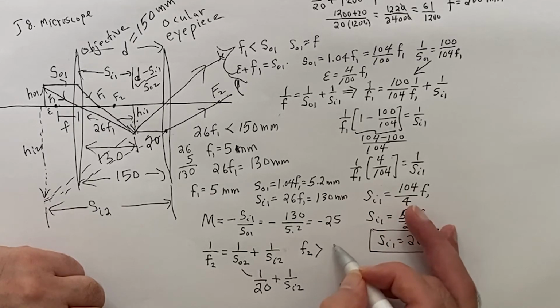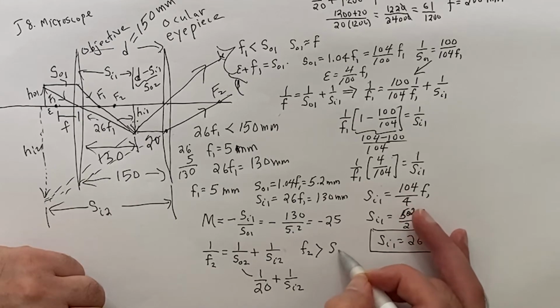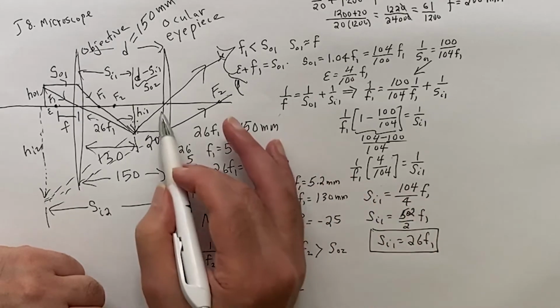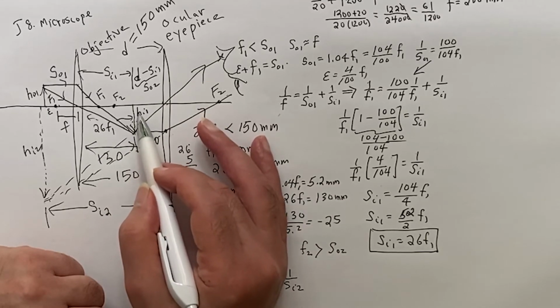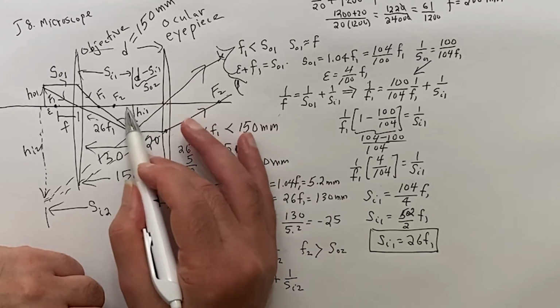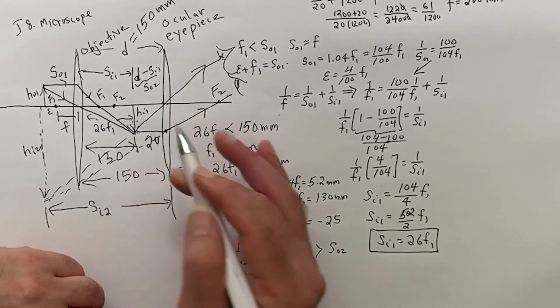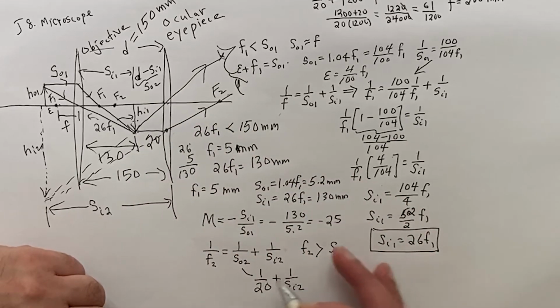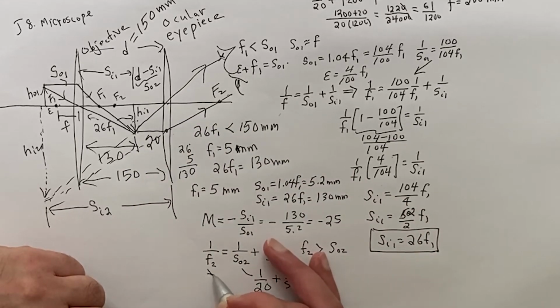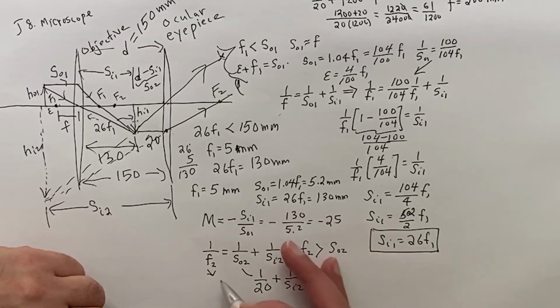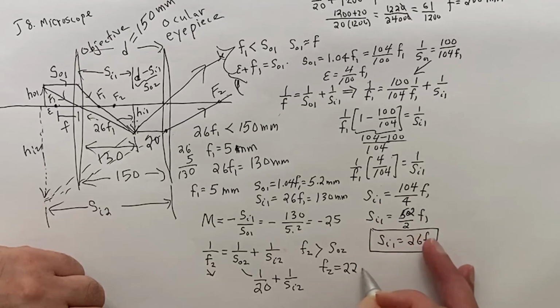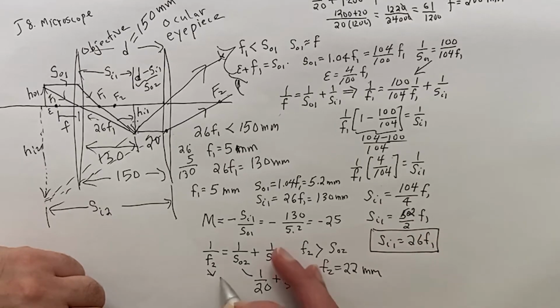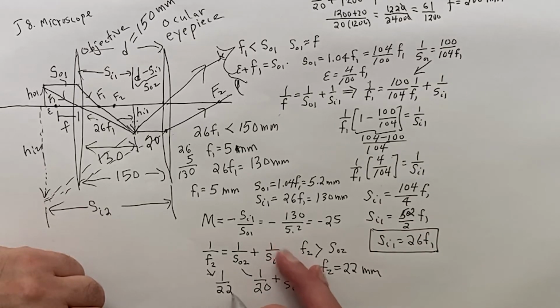F2 has to be larger than the SO2 so that I can have the magnifying glass situation where the object is between the lens and the focal point. So here's where engineering design comes in. I'm going to pick something close. If I pick 22, I'm going to pick f2 to be 22 millimeters. So then this is 1 over 22.